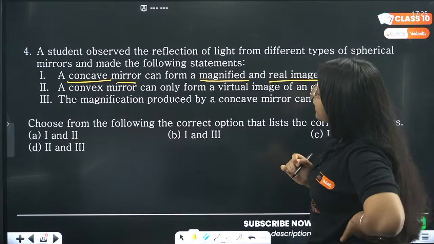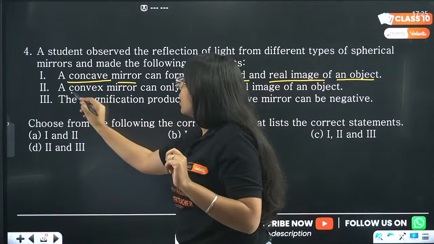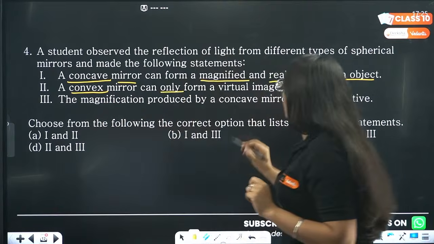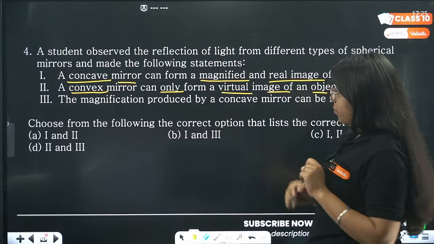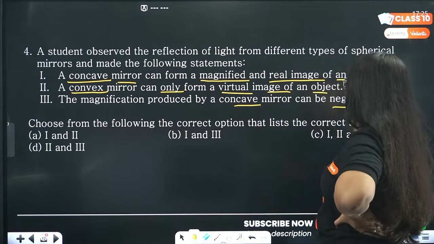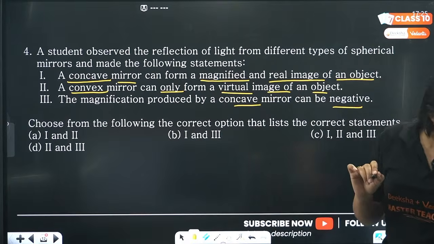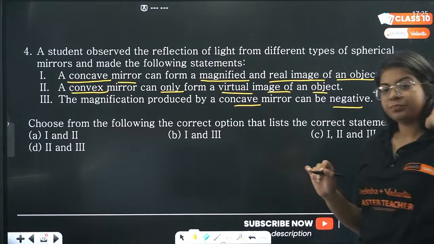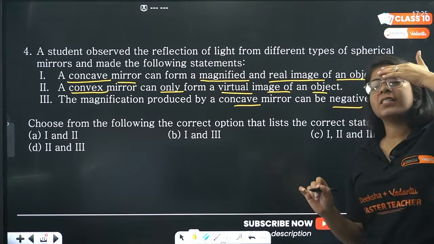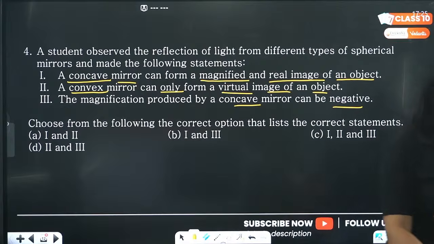Then he said a convex mirror can only form a virtual image of an object. The magnification produced by a concave mirror can be negative. Is this true or not? Let me know, everyone. Which points are true, which points are false? Fast.